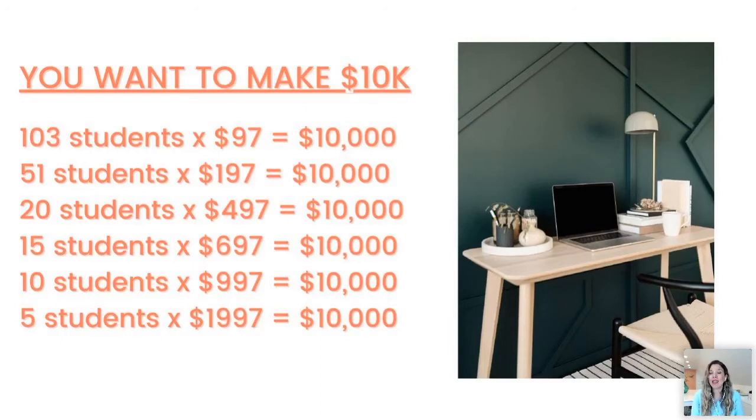Well, 20 sounds a whole lot more reasonable than 103, especially if we consider, and I'm not going to go into this too much today, your overall audience size. An industry average conversion rate is 1 to 2%, meaning 1 to 2% of your audience will buy your offer, assuming the audience is your ideal target audience.